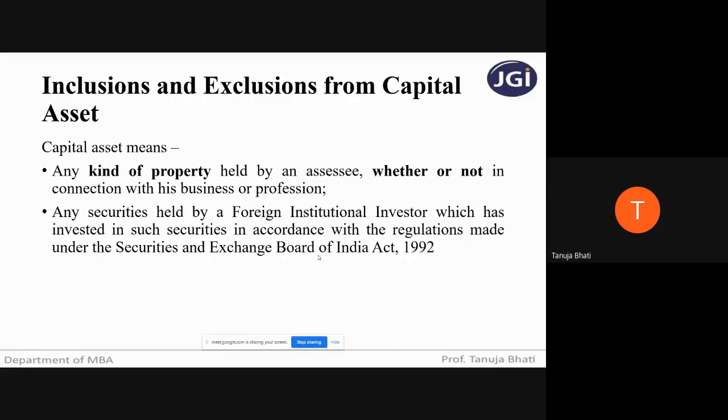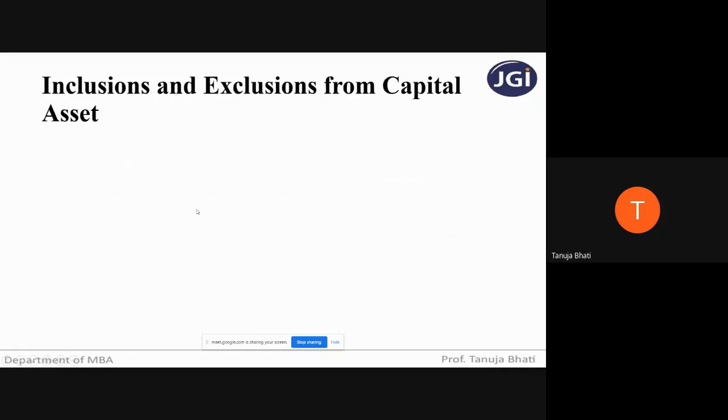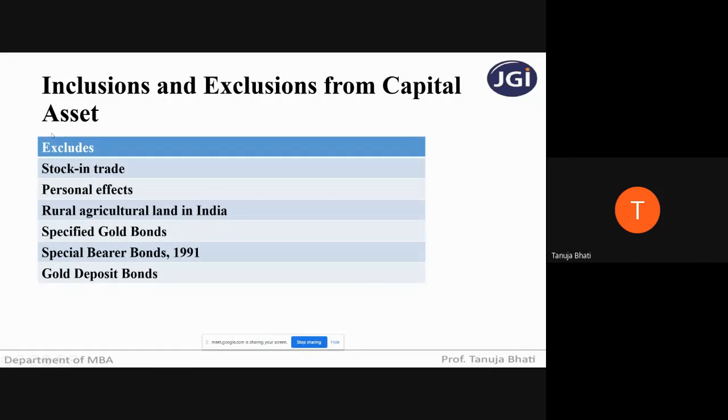So in general, what is a capital asset? Any kind of property, students, held by an assessee, whether it is relating to business or whether it is relating to his personal, is also okay. Still, it is falling under the definition of capital asset. So capital asset includes all this. Now let us see what a capital asset excludes. Capital assets exclude stock in trade.